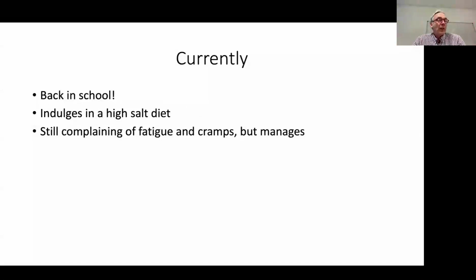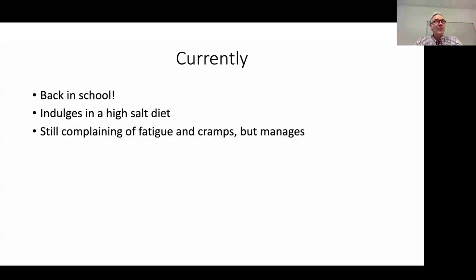And thereafter, actually, he did much better. He's back in school. He loves his high salt diet. He comes from an upper middle class family that was very health conscious, that had a low salt diet. And now he can indulge in all the terrible things that his parents never wanted to let him eat, all the junk food, the pizzas.